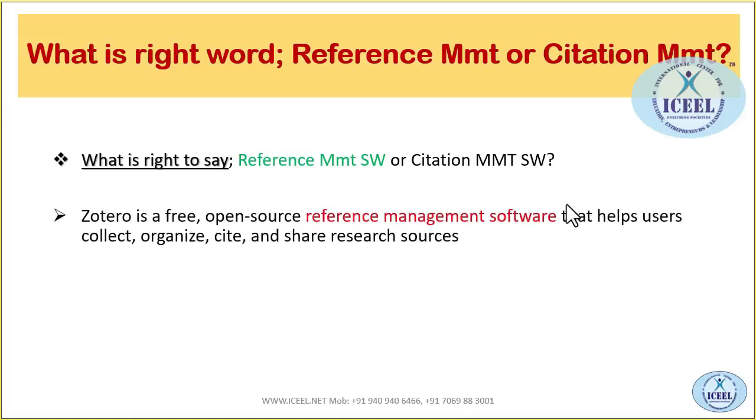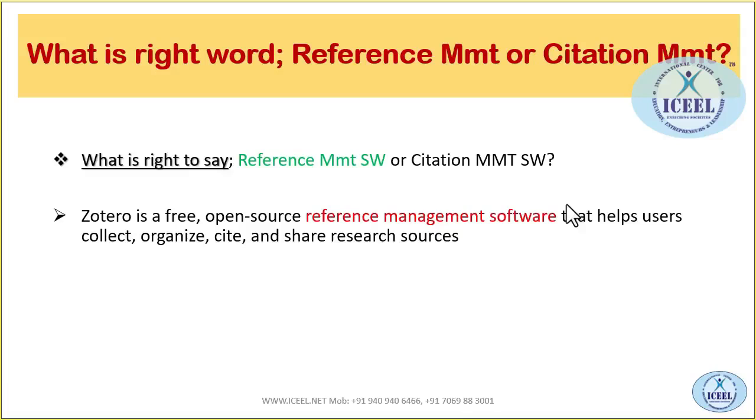So Zotero is a free open source reference management software that helps the user to collect, organize, cite and share research sources. Mind well, the definition in itself is very clear and my complete lecture is going to hinge around this particular definition. Collect means there are 4 methods through which you can collect references: the manual method, the automatic method by importing the PDF file, and another method is the plugin for Chrome as well as Mozilla browser used with Zotero.